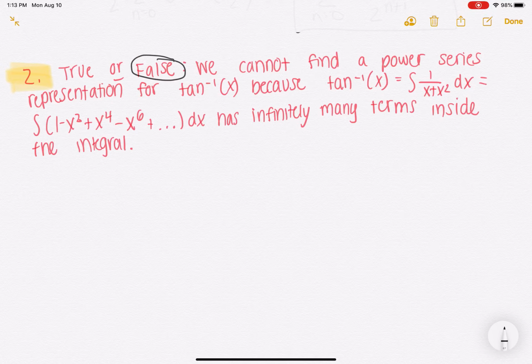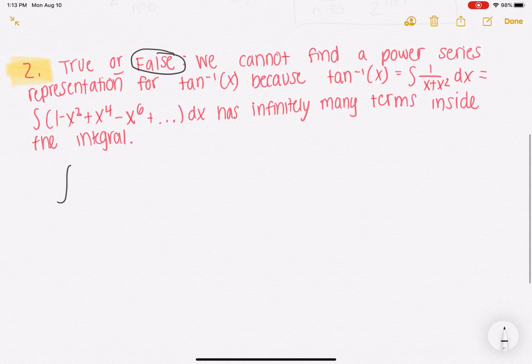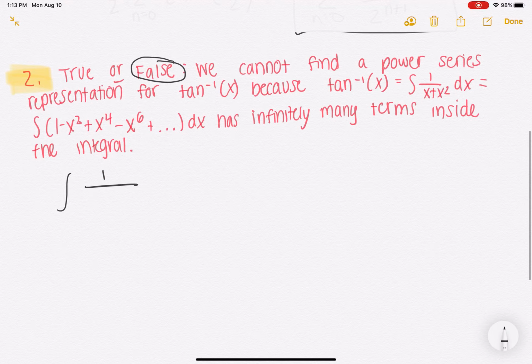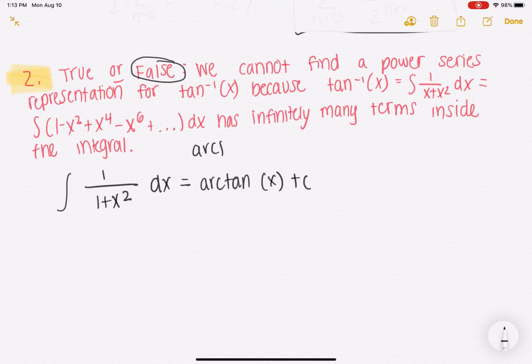And we can prove this with the integral of 1 over 1 plus x squared dx is equal to the arctan of x plus c. Remember that arctan of x is equal to tangent of x. These mean the same thing.